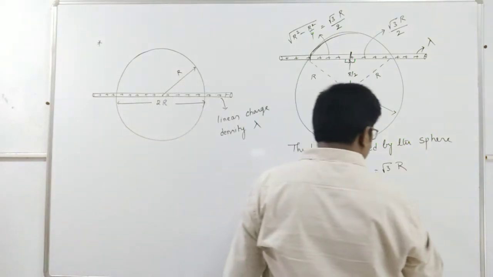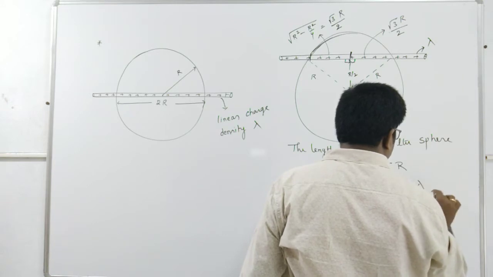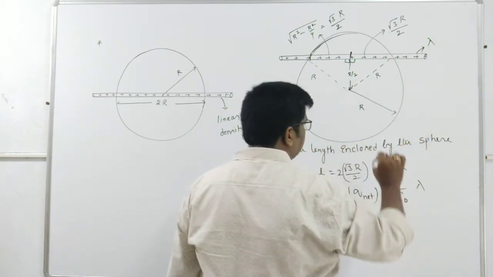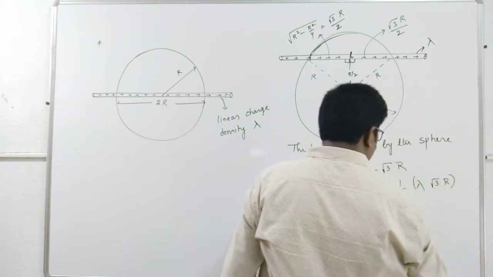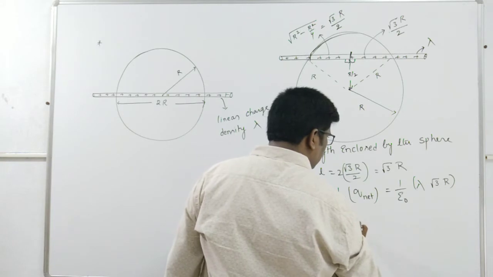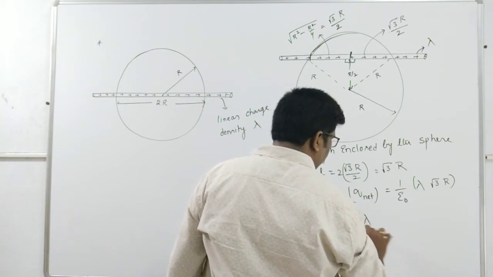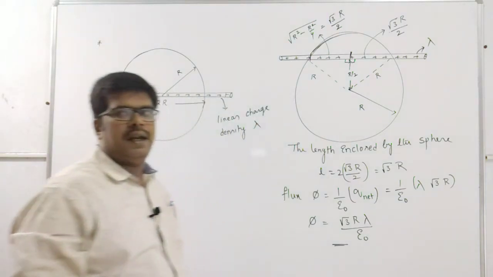So we get 1 by epsilon naught into lambda into root 3 r. The flux through the sphere is root 3 r lambda by epsilon naught. This is the thing you need to understand.